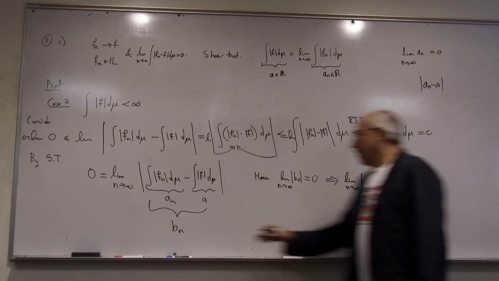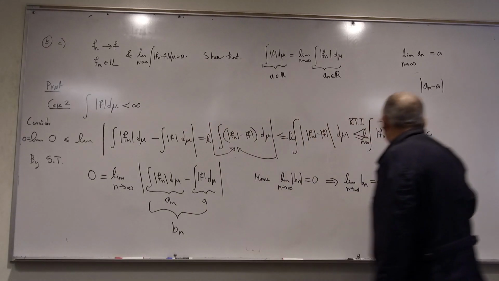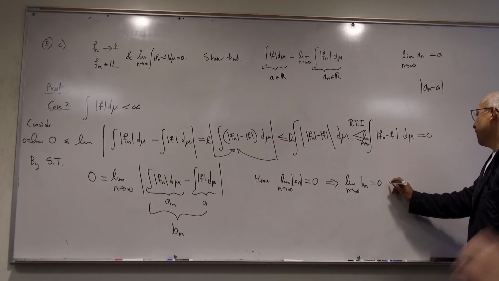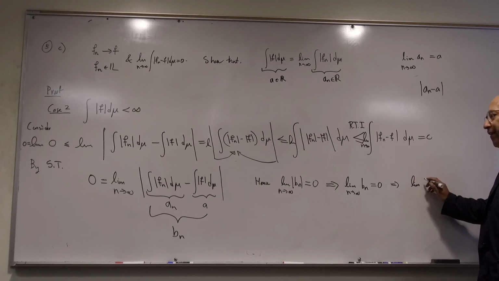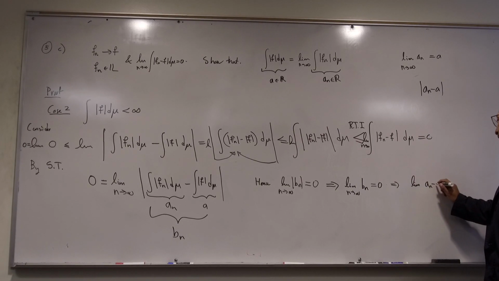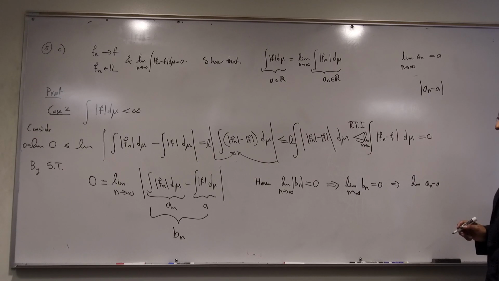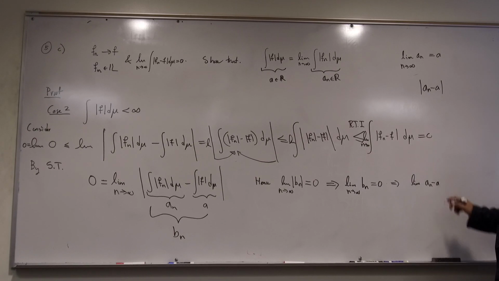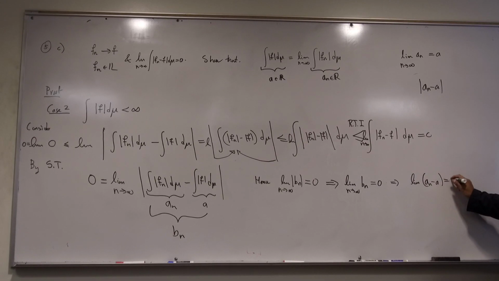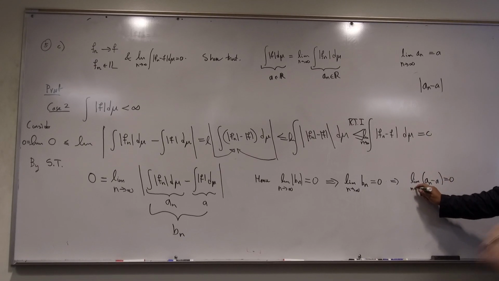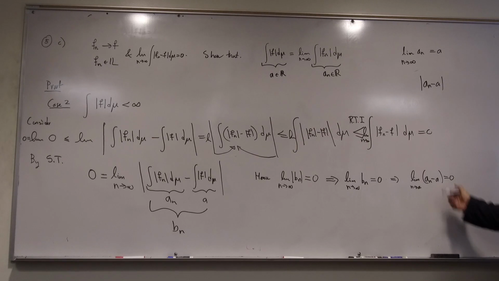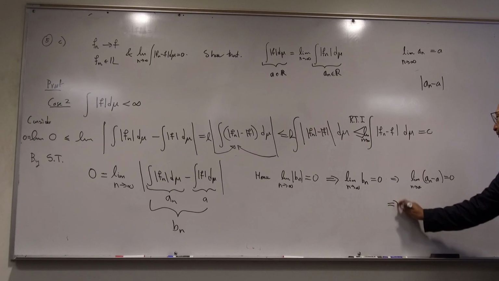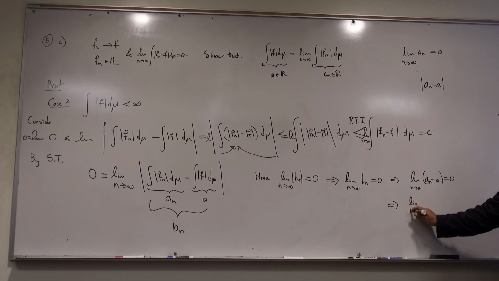Well, let's replace b_n by what it is. What is b_n? a_n minus a, right? Yes. This limit is equal to 0. But the limit of the difference is the difference of the limits, right? Yes or no? Yes.